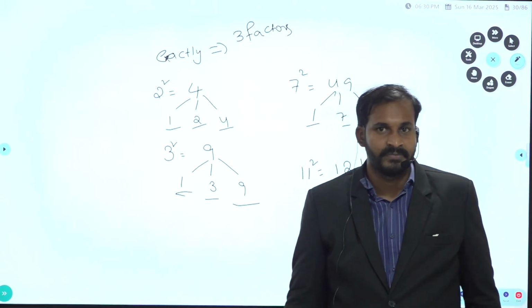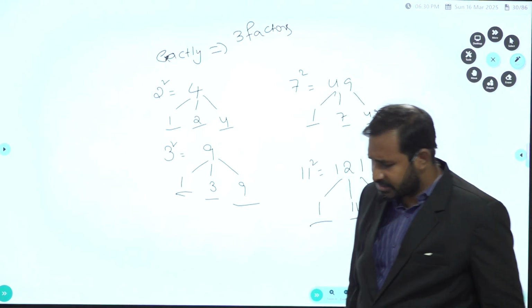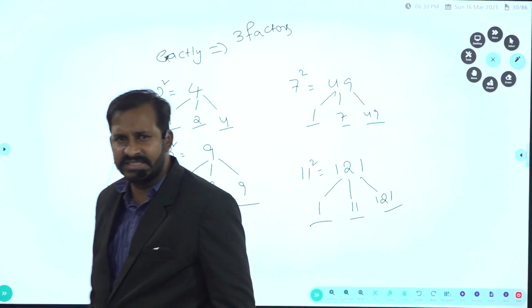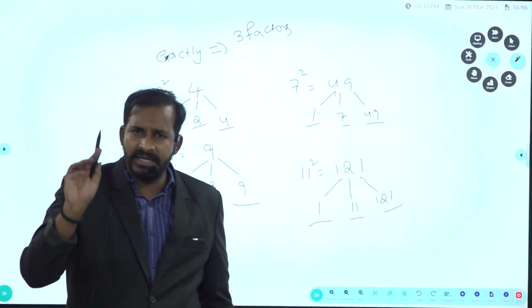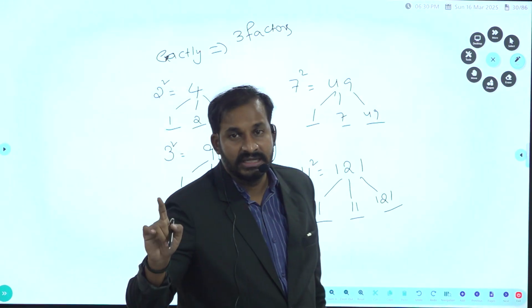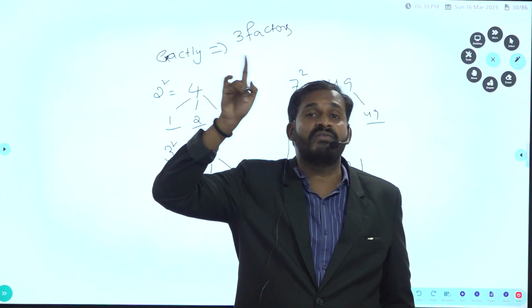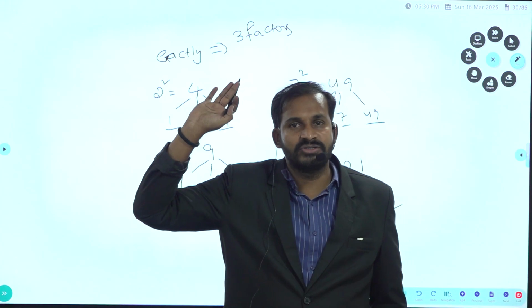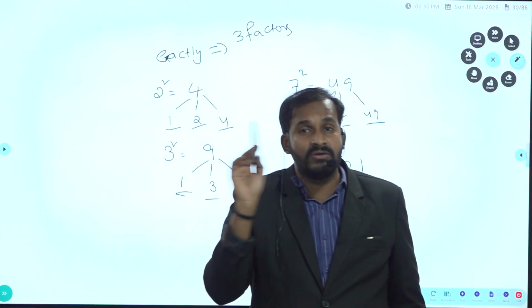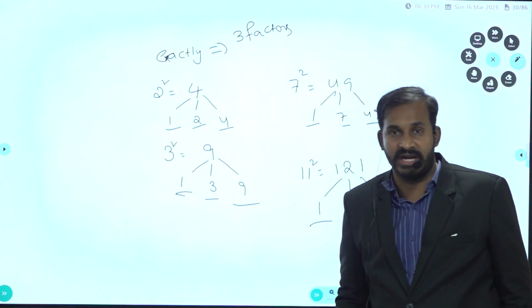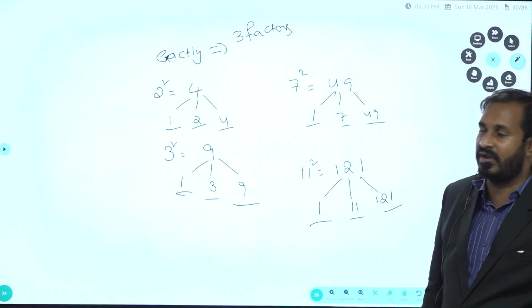So if anyone says there is a number which has exactly 3 factors, immediately you should get the idea that that number should be a square of some prime number, then only it will have exactly 3 factors.